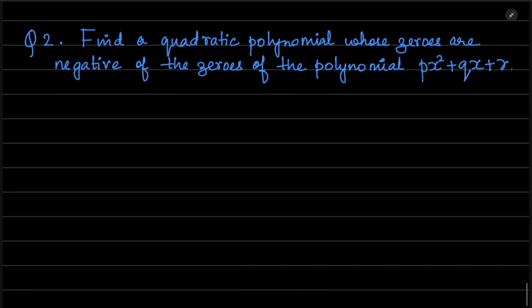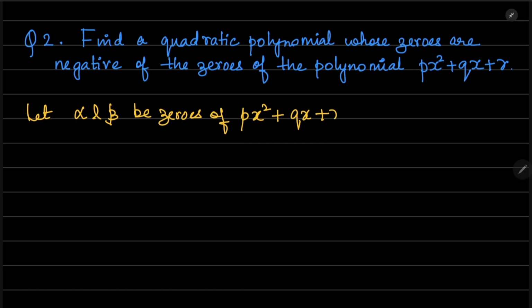Find a quadratic polynomial whose zeros are negative of the zeros of the polynomial px square plus qx plus r. The minute you are given a particular polynomial, let alpha and beta be the zeros of your given polynomial, that is px square plus qx plus r.